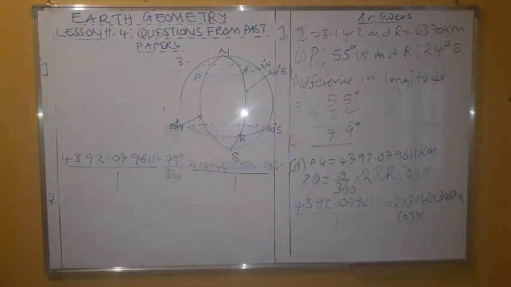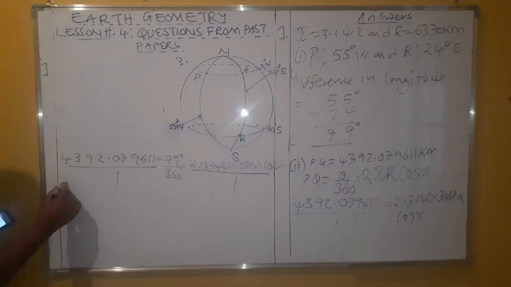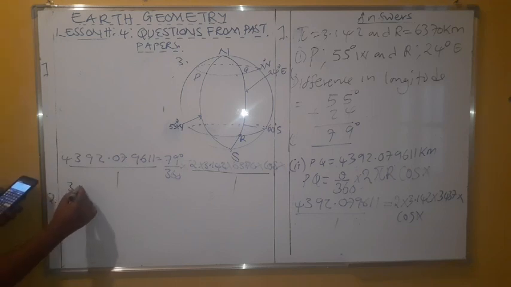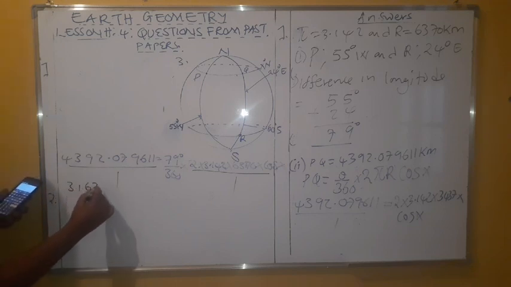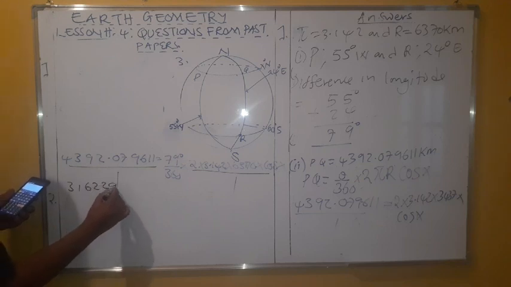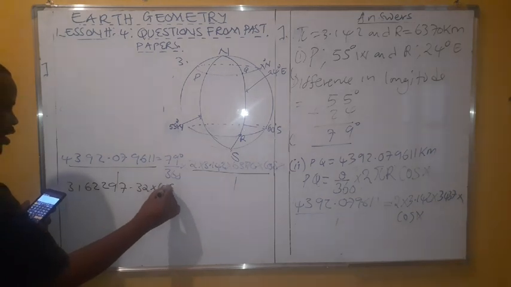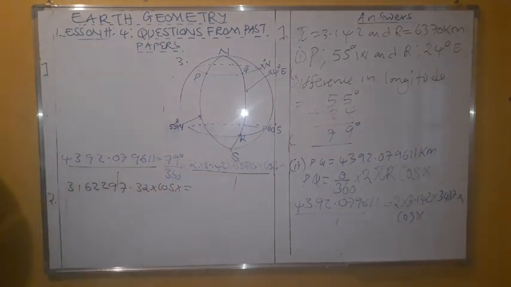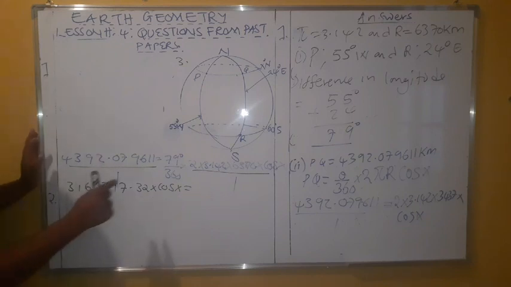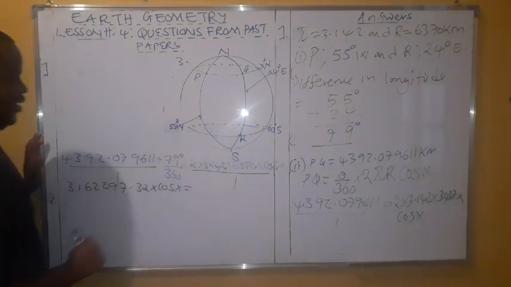Okay, so when you multiply 79 by cos x, we are going to have 316297.32 times cos x is equal to, then again you multiply this times 360. So you're going to multiply this number here by 360.